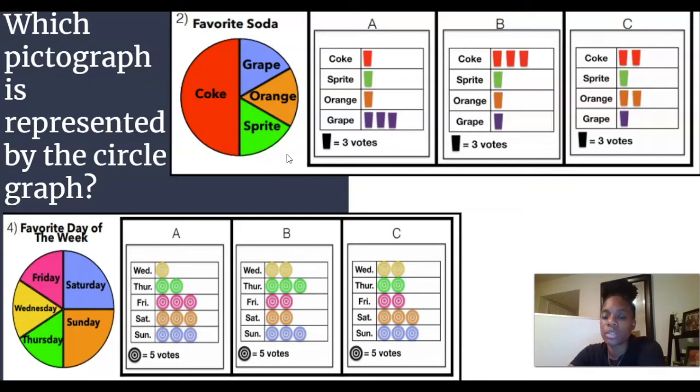So what we would do is we would go ahead and add up the numbers. For every 1 cup, it is equivalent to 3 votes. So if we look at answer choice A, and then B, and then C, okay?